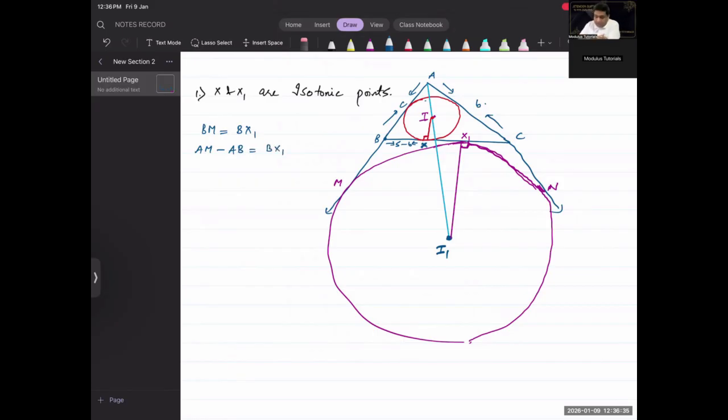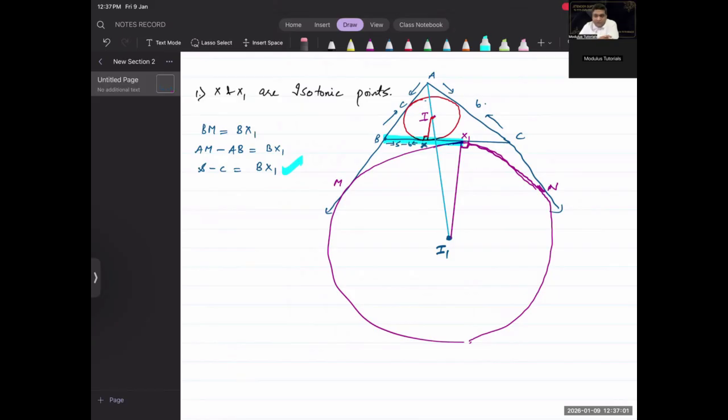Now AM is S. And what is AB, guys? AB is C. So BX1 is S minus C for me. BX1 is S minus C for me. So I hope, guys, this is very clear. So let me label it for you. From here till here, this distance will be S minus C. I hope this is very, very clear to you.